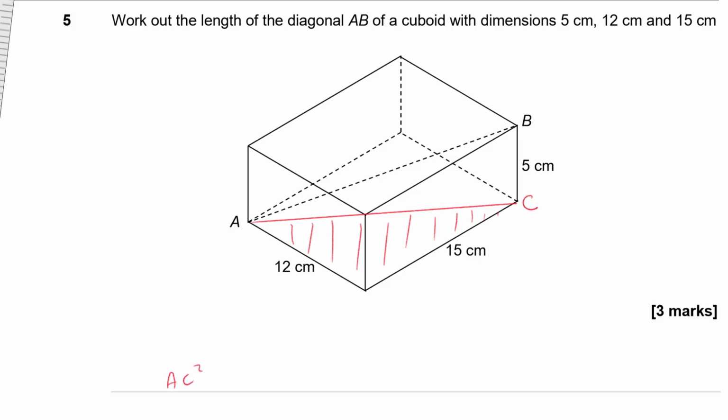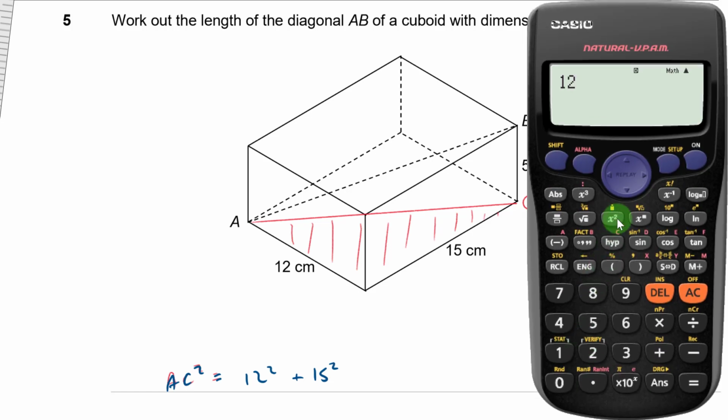Then AC squared is going to be 12 squared plus 15 squared. Right, so what's that then? 12 squared plus 15 squared is 369, and then square root that.